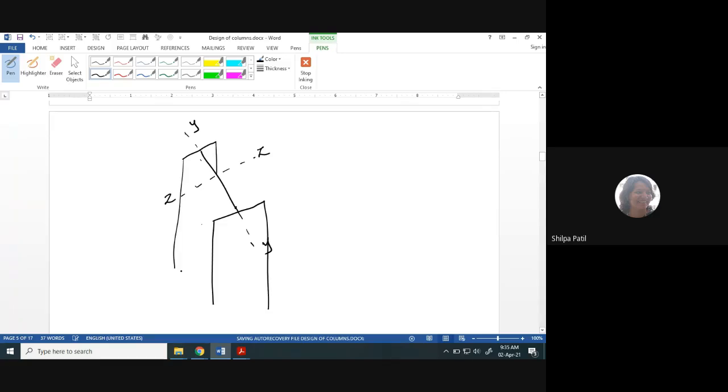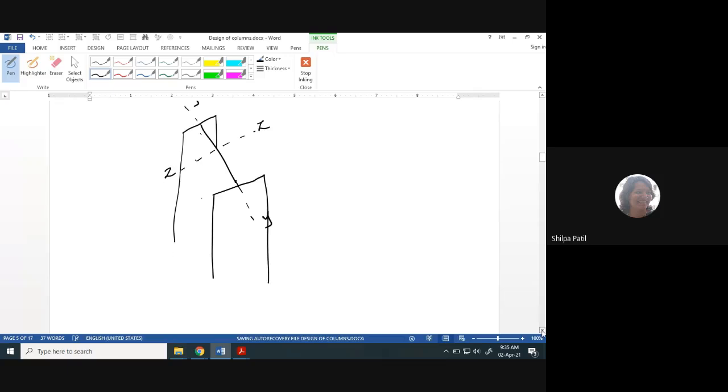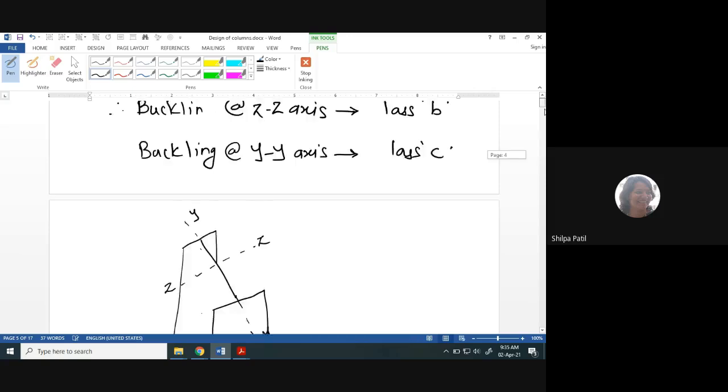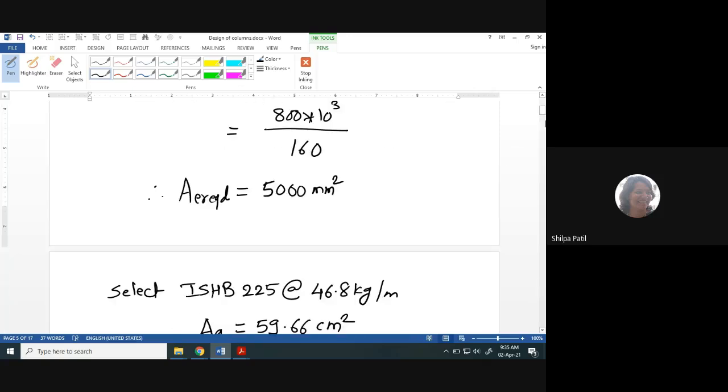suppose this is my I section like this. Okay, and Z and Y axis we have already shown over here. So what is given in the problem statement? We'll just read the problem statement again here.